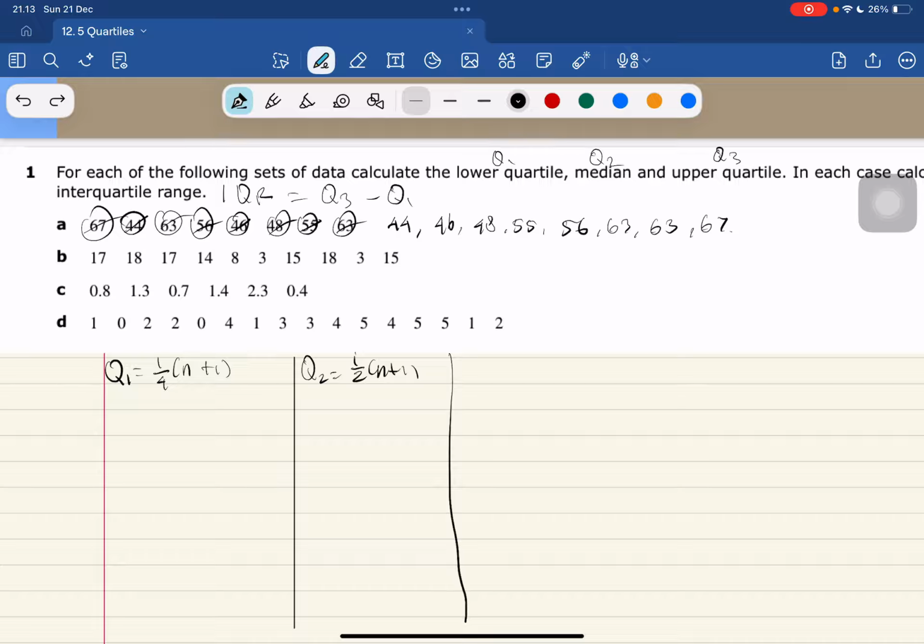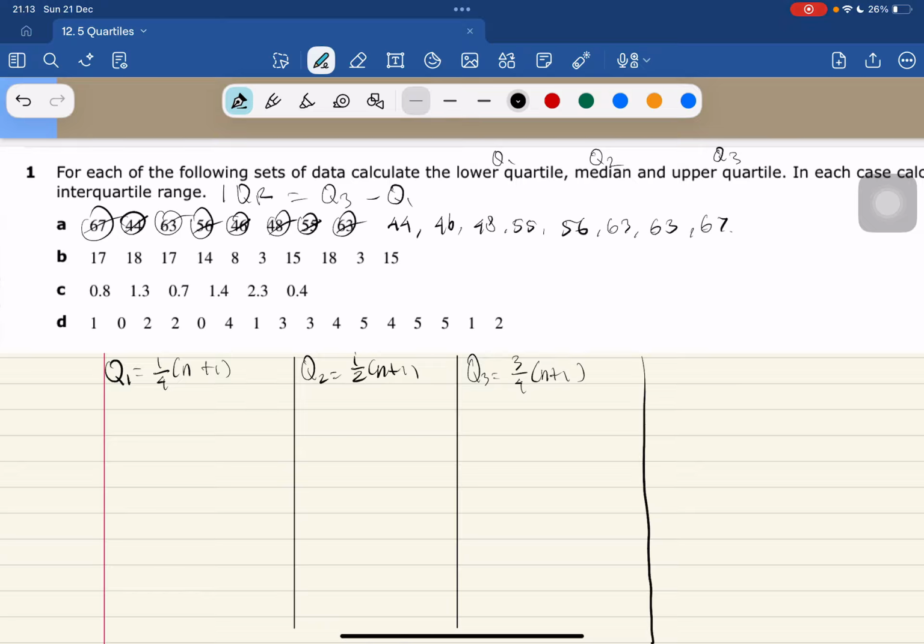Now quartile 3, or the upper quartile, is 3 over 4 times n plus 1. And the last, the interquartile range, is Q3 minus Q1.